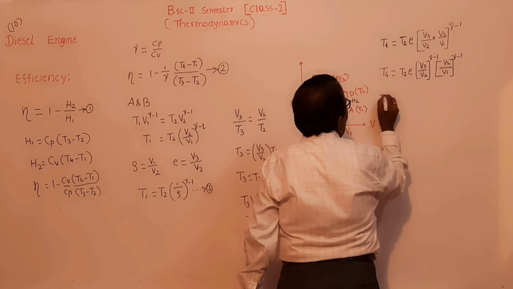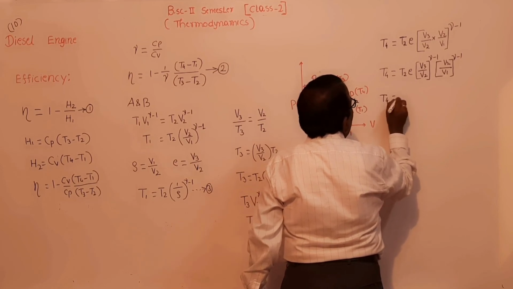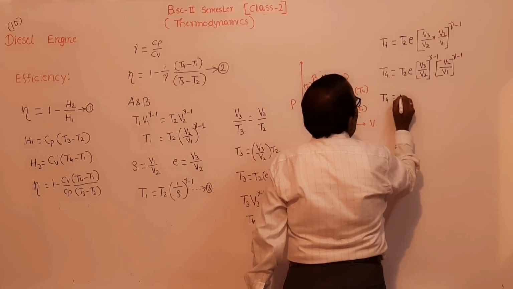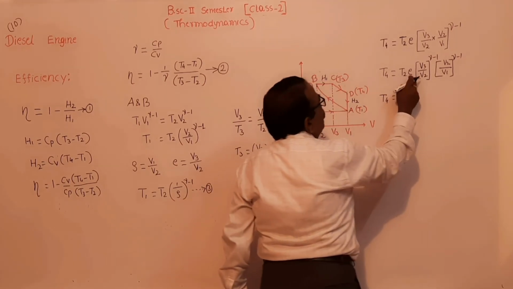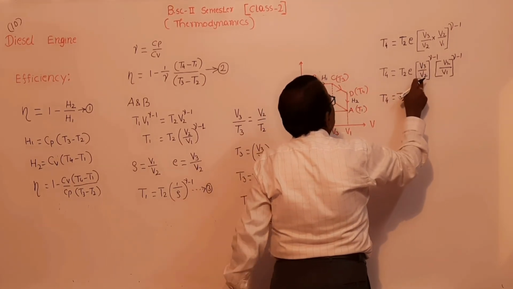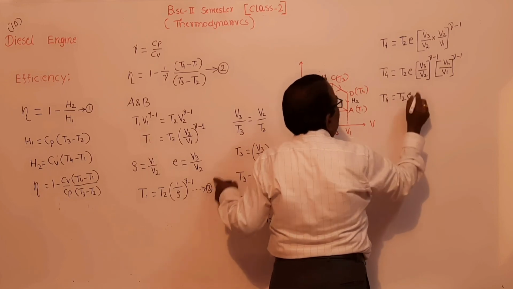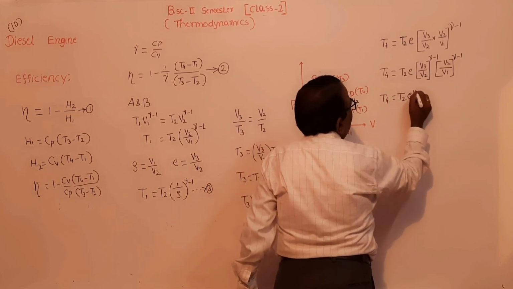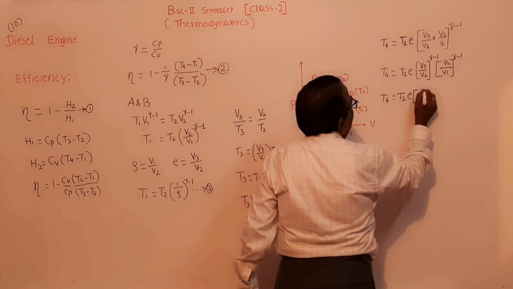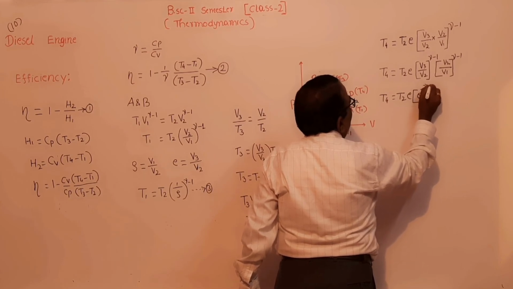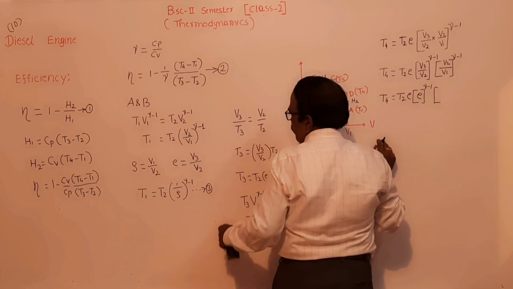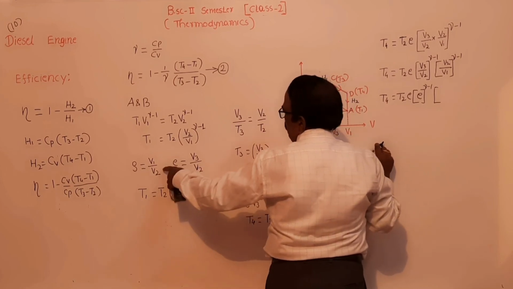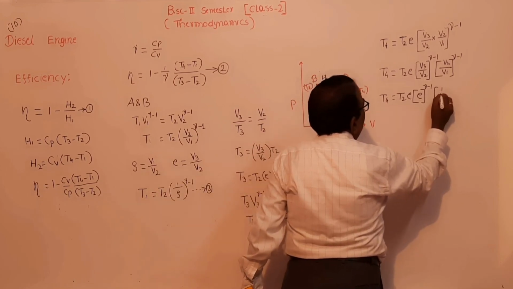Or T4 is equal to T2 E into E to the mu minus 1 into V2 by V1, which is 1 upon rho, to the mu minus 1.